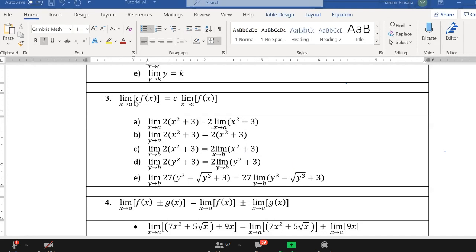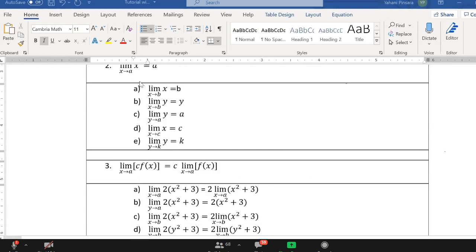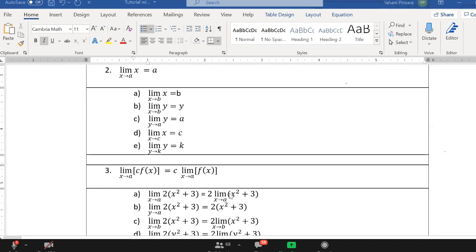So in that case, we can use this third law right away. But you are assuming that we can use the second law also to find the limit. No, because we can't use this.